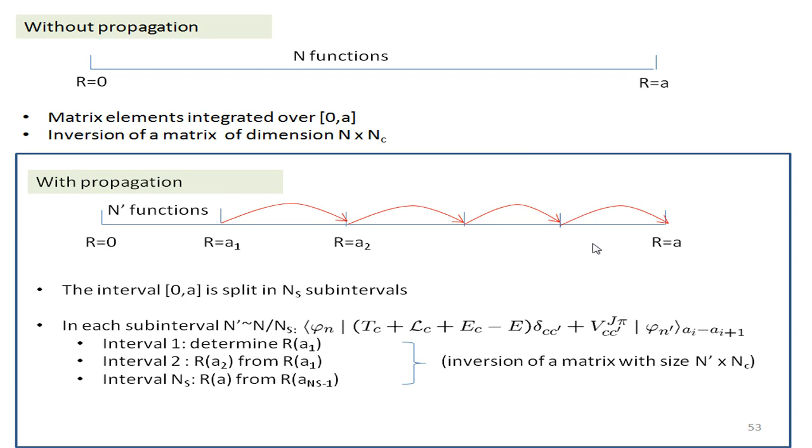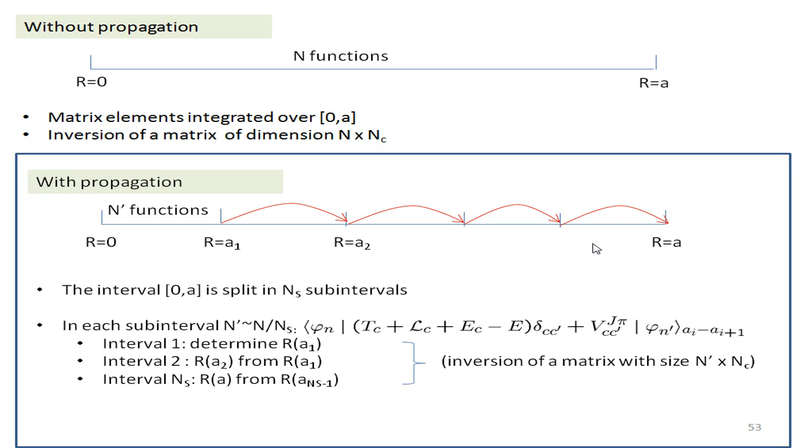So the idea is to compute the matrix elements in each sub-interval. So you have to repeat the calculation in each interval, but the inversion of the matrix is much faster. So from interval 1, you determine the R matrix here, and with interval 2, you can propagate the R matrix to a2 and then to a.